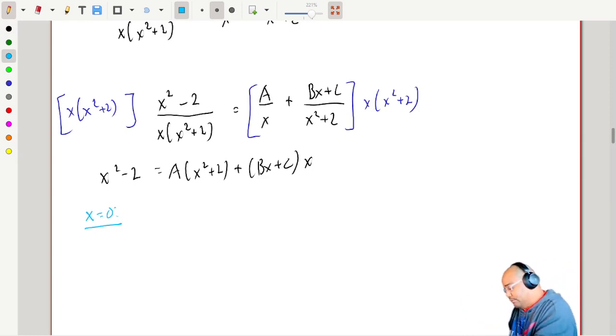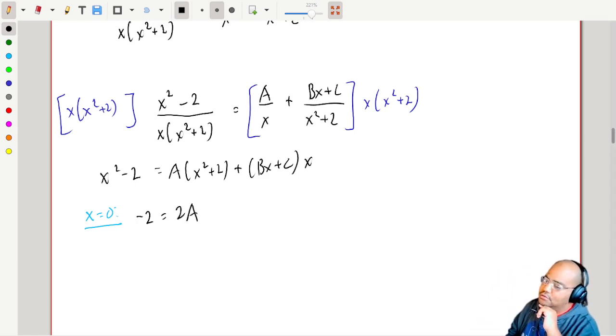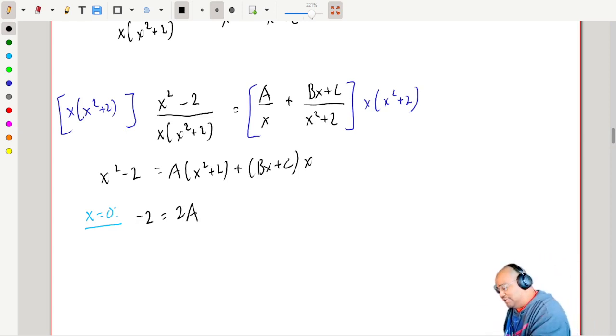If x equals 0, on the left, I get negative 2. And on the right, 0 squared is 0, plus 2 is 2, so 2a. But what about the other stuff? Well, 0 times anything is 0, so this is the only thing that I have. So when I divide by 2, I get that a is equal to minus 1.